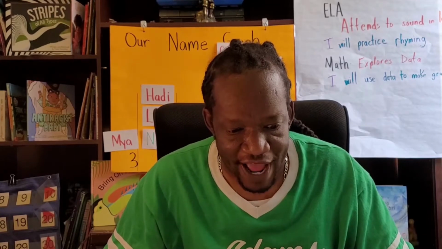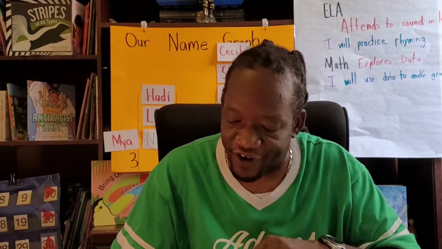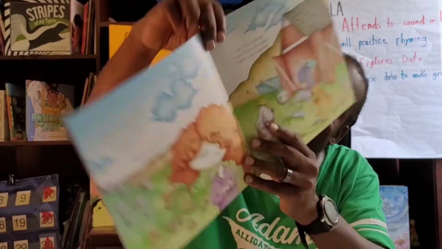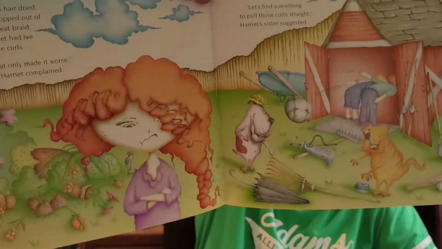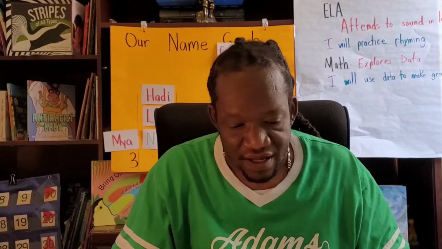When Harriet's hair dried, another curl popped out of her nice, neat braid. Now Harriet had 2 horrible curls. That only made it worse, Harriet complained. Let's find something to pull those curls straight, Harriet's sister suggested. Harriet's sister and brother tied fishing lines to her curls, and then they pulled hard.